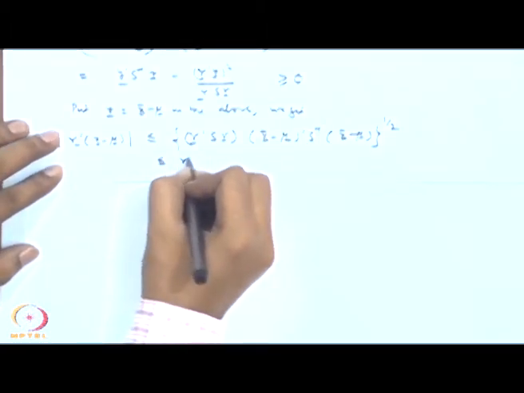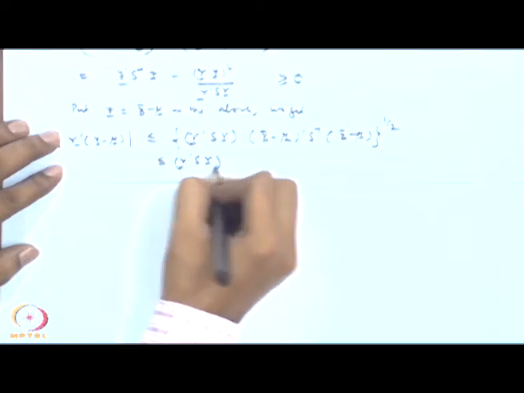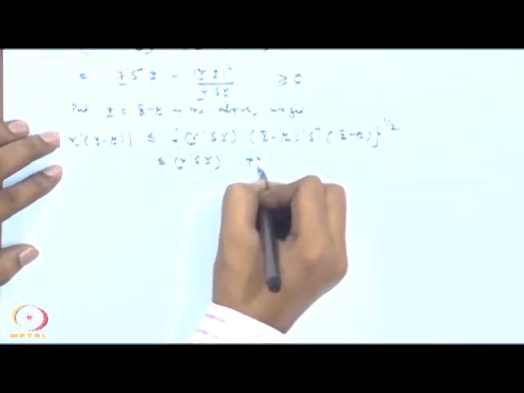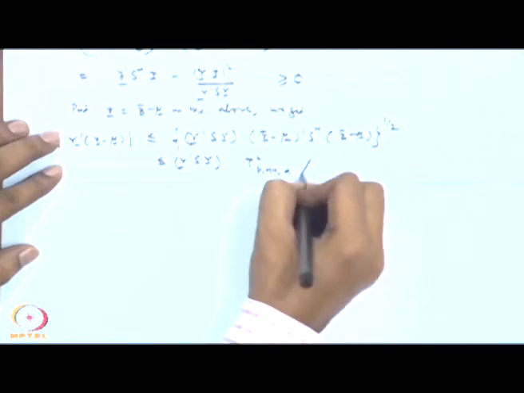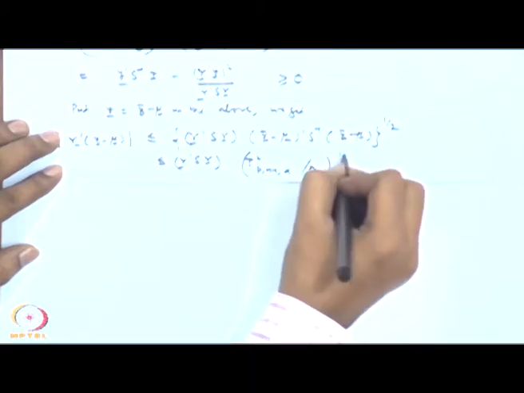But if we use the distribution of this, then this is nothing but (gamma prime S gamma) to the power half times T square p, n minus 1, alpha divided by n, to the power half.